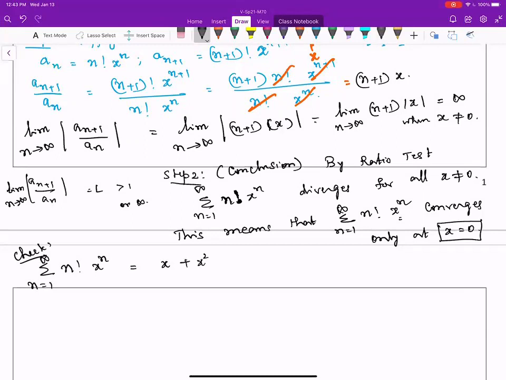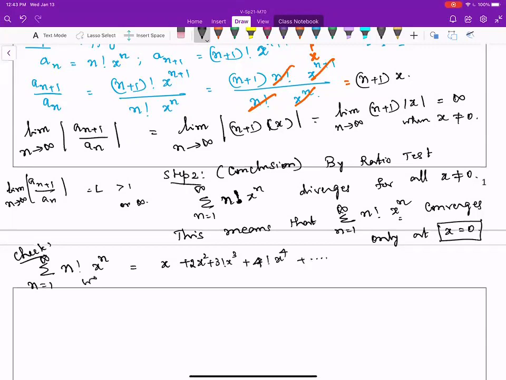Then you have factorial 2 times x squared, factorial 3 times x cubed, factorial 4 times x to the power 4.